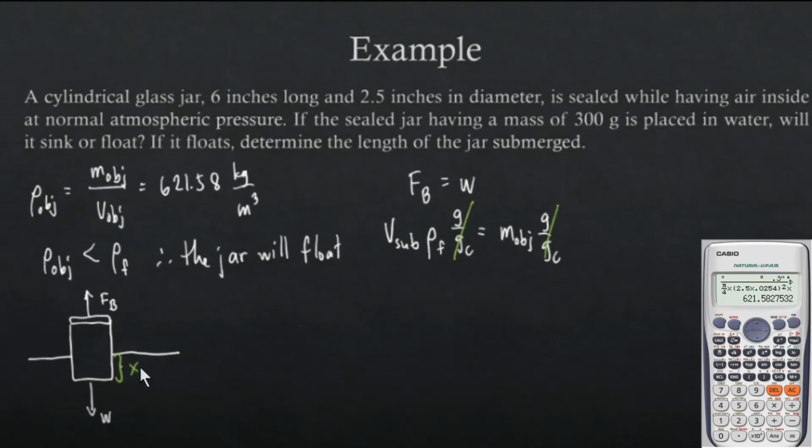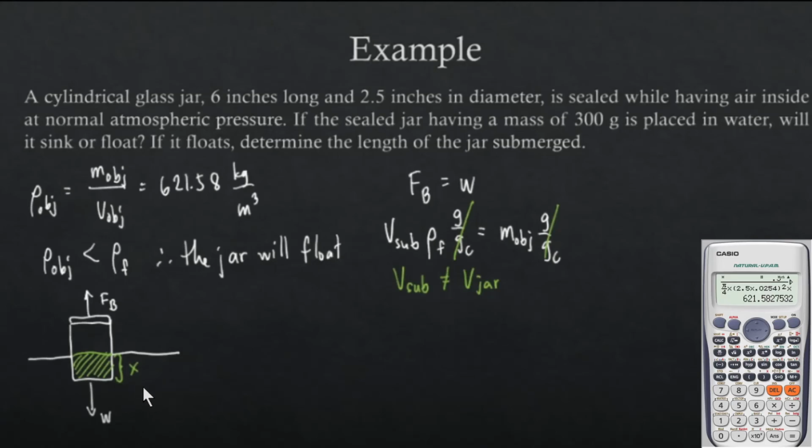So that would mean that x would factor out on the volume submerged, and that is true. The volume submerged, which is in our equation, is not equal to the volume of the jar. The volume submerged is only the part of the jar that is within the line of the water and below it. So that is where x will be useful.